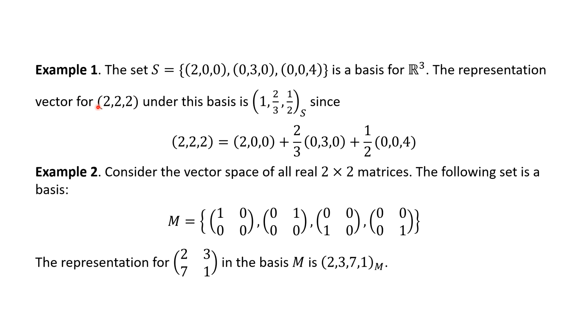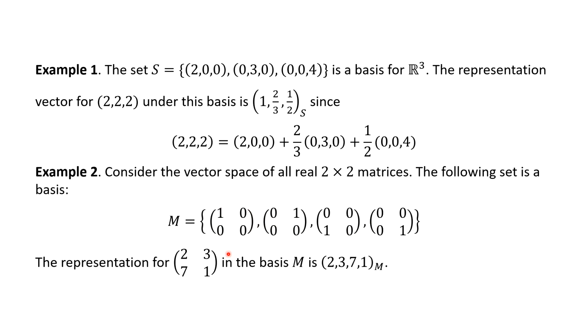That is written in terms of the standard basis for R3. For another example, we have a basis of all 2x2 matrices, or at least one example of a basis. It's just the 1 in each of the different positions. So it's very similar to R4, except the format is different here.